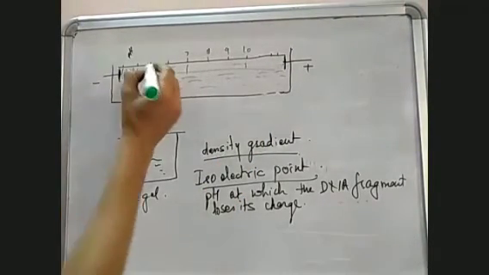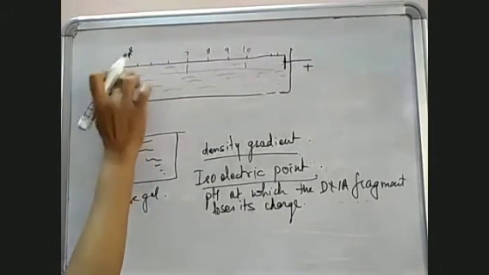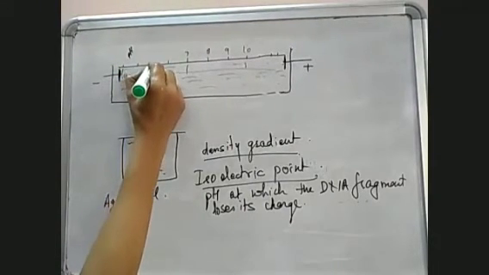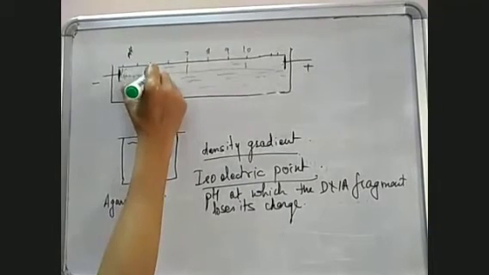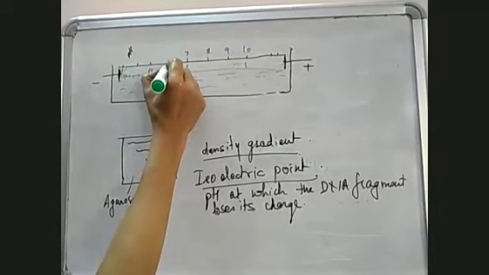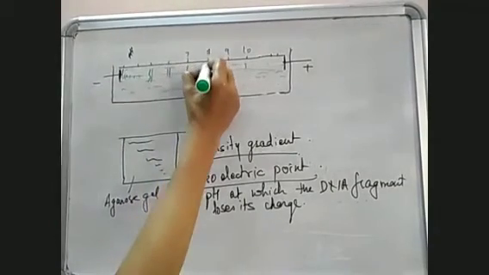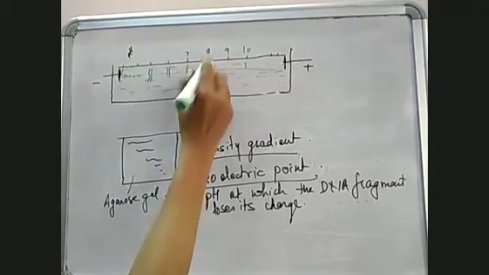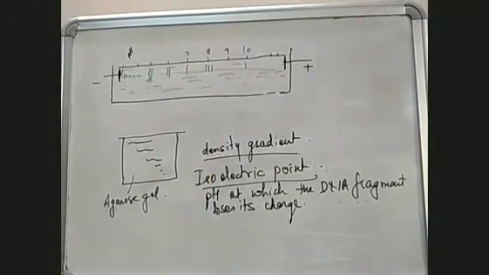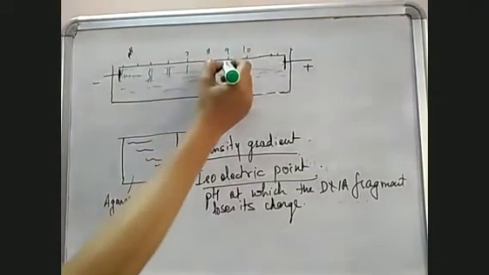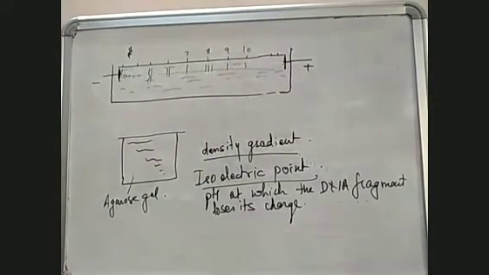Now, suppose 2 of them have settled here, two more have settled here, 1 has settled here, 3 have settled here. This way they all settle at different places, and wherever they lose the charge, they stop moving further.